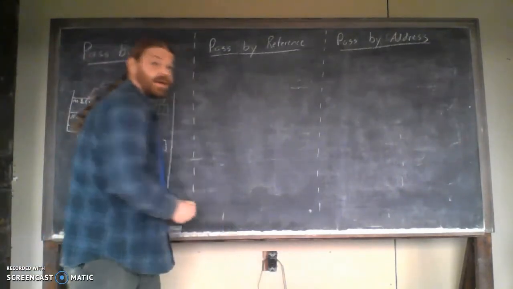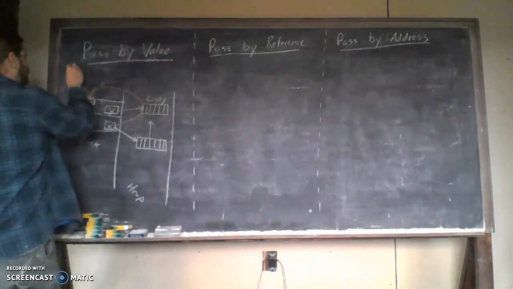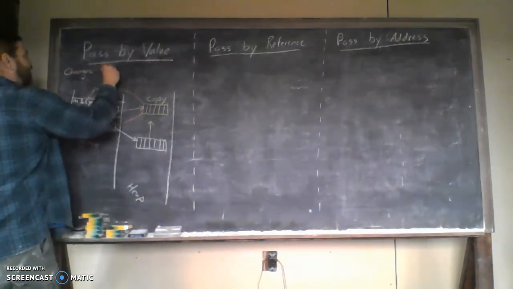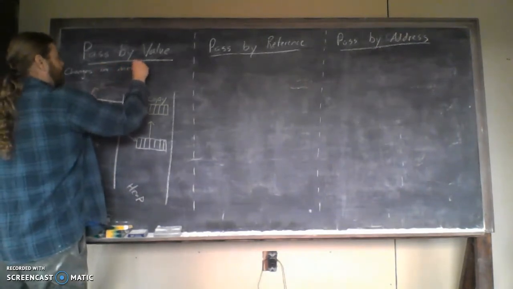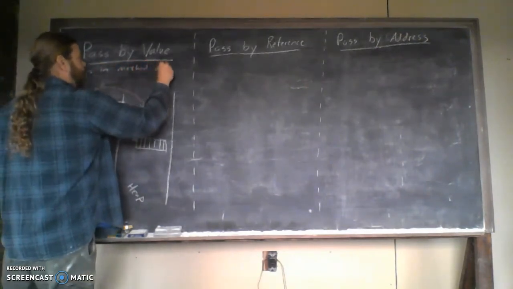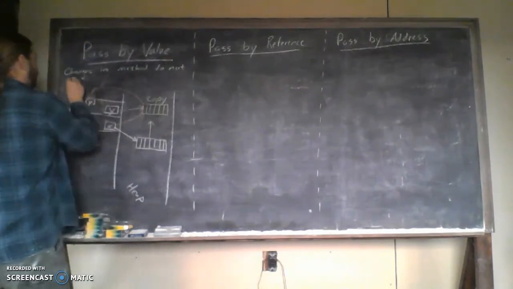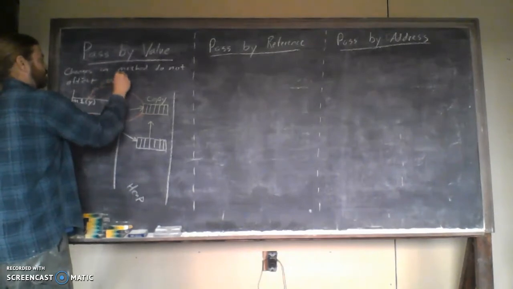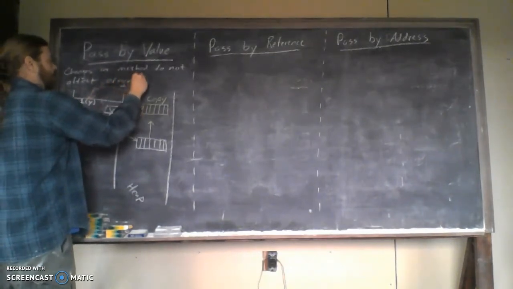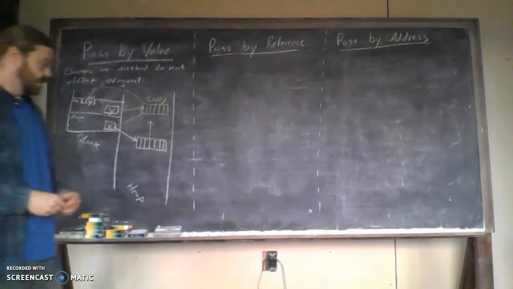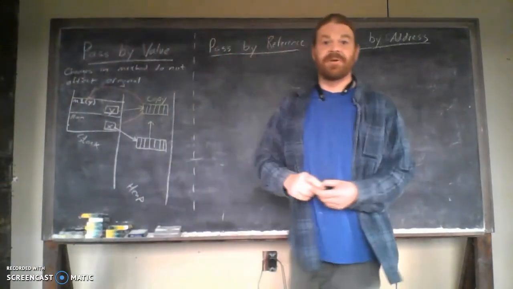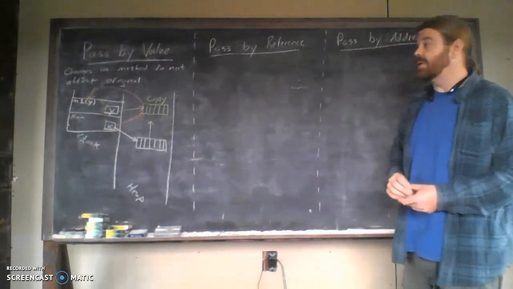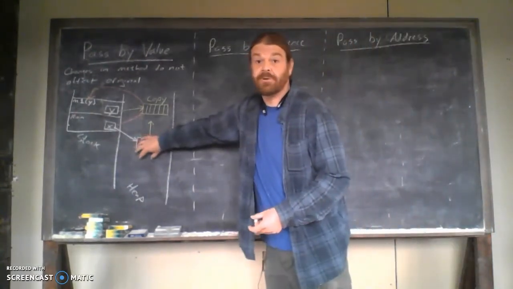The key thing to note is changes in method do not affect original. So that's the important part. When we pass by value, whatever we do in the method does not change the original thing that was passed in.